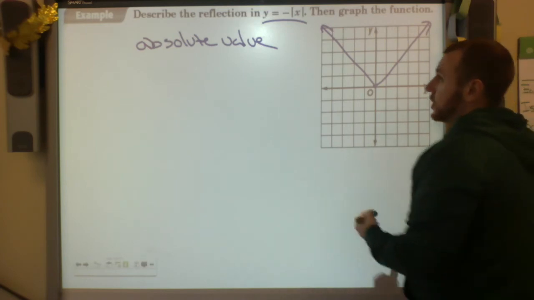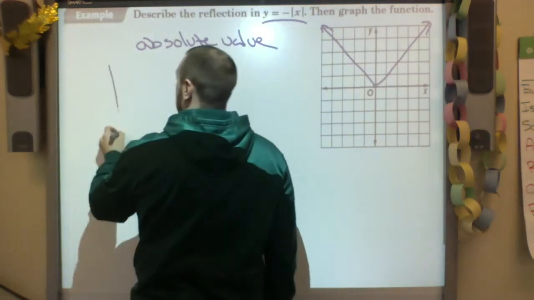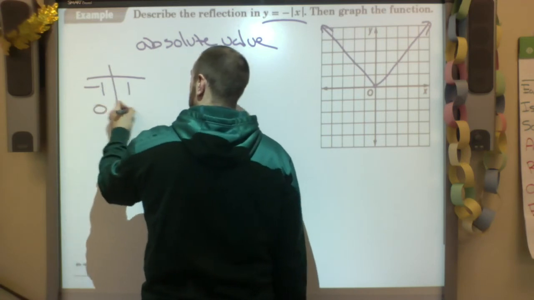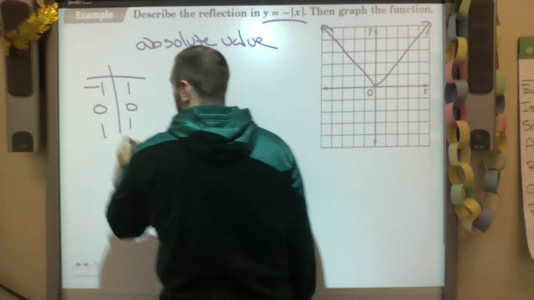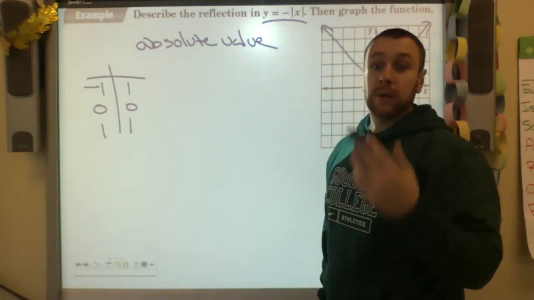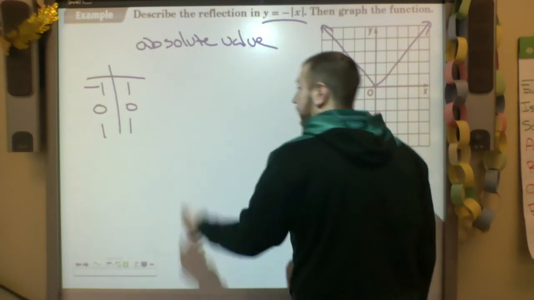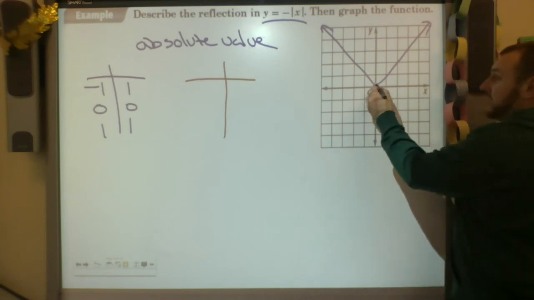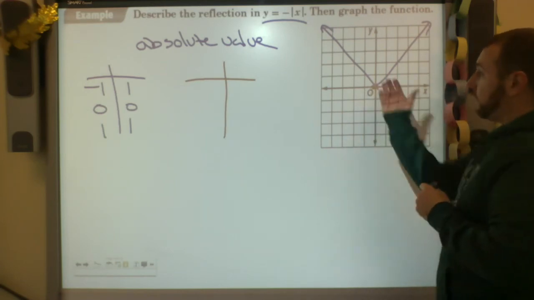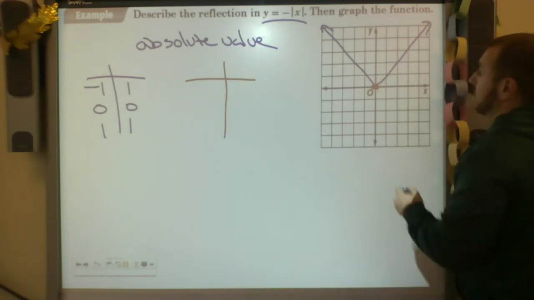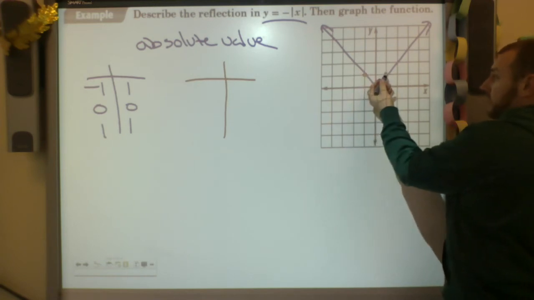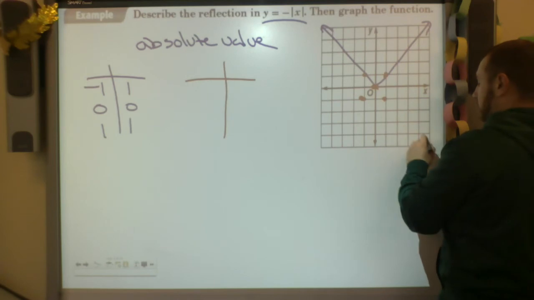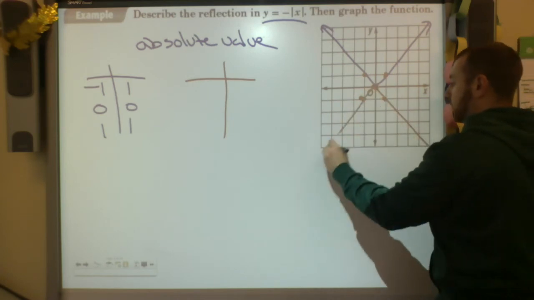So normally my points are negative 1, 1, 0, 0, and 1, 1. So I'm going to take it and I'm going to flip it. My 0 isn't going to flip. It flips in the x-axis. These points, on the other hand, are going to flip. It's going to be pointed upside down.